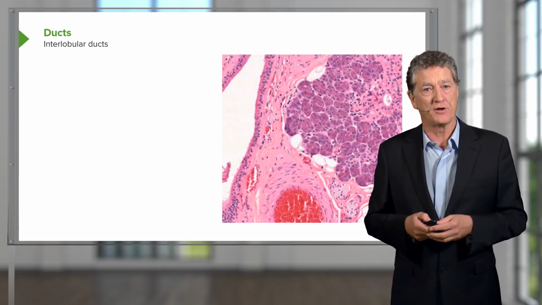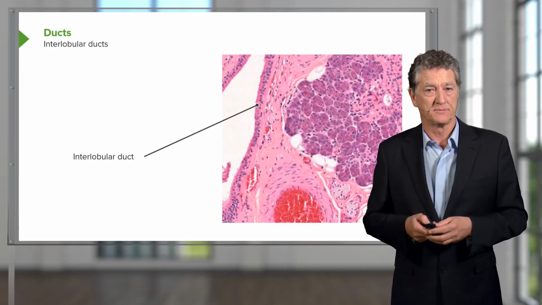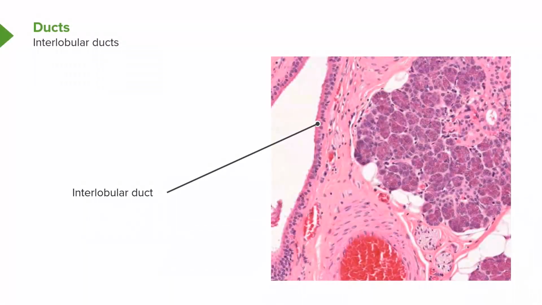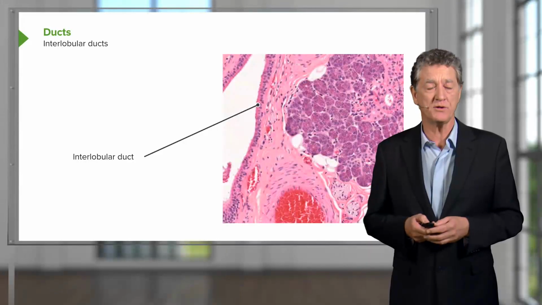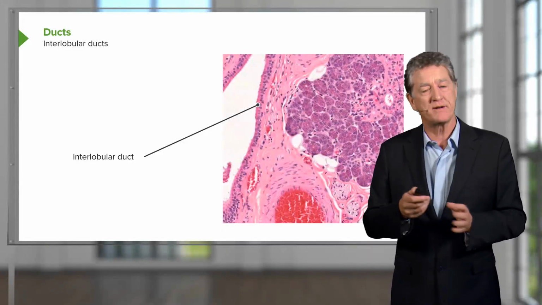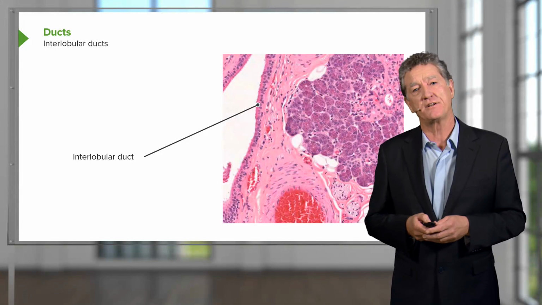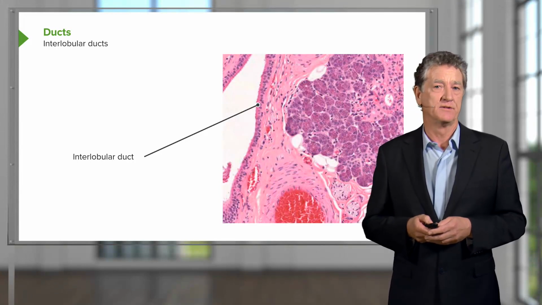Here's an interlobular duct. Notice the secretory acini, or the secretory units, on the right-hand frame of this slide. Secretory units are serous because they're rather dark staining, pink staining. They're the granules inside the cells at the apex of the cell, the protein granules. But look at the duct. It's separated from the secretory units by a fair bit of connective tissue.